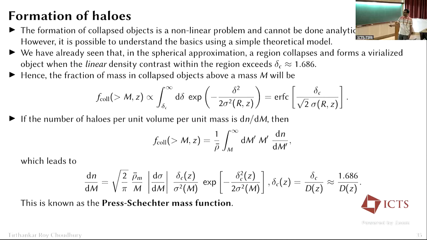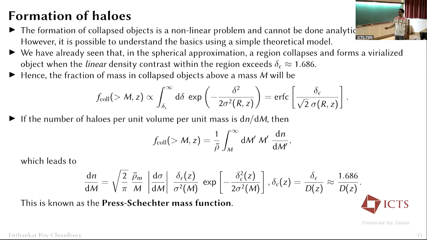So you manipulate this and you can work out an expression for dn/dm, which is the number of halos per unit volume per unit mass. That is known as the halo mass function, and it is given by this simple formula. You see it depends on this delta critical, the variance of density fluctuations averaged over some mass scale m, and all these Jacobians and other things.